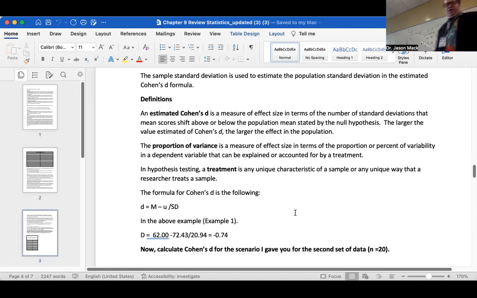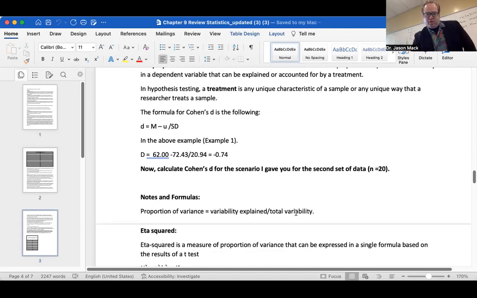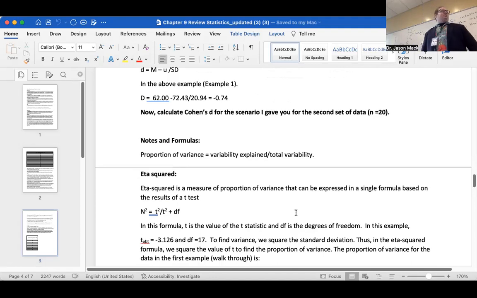So notes and formulas. Proportion of variance is equal to the variance explained divided by total variability. That's your proportion of variance. How much variability is explained divided by the total variability, numerator and denominator.